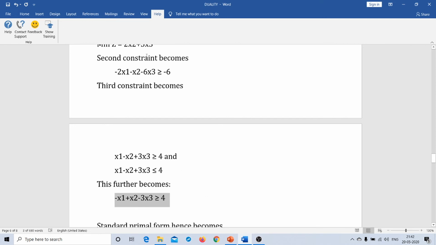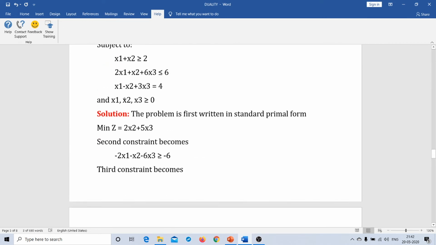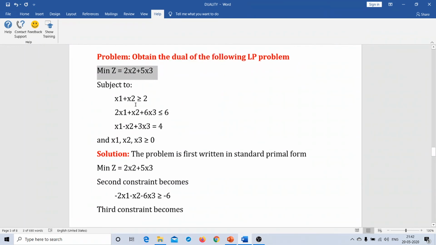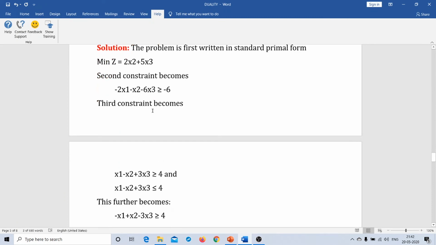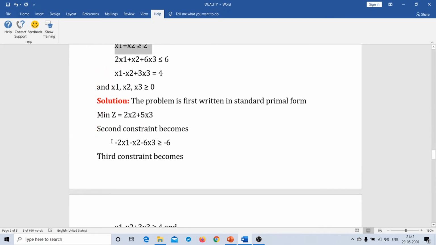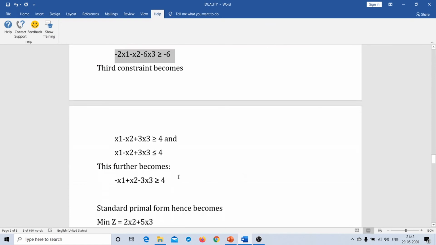Okay, so keeping all these things in mind, this is my objective function. This is my first constraint, this is my second constraint, this is my third constraint and this is my fourth constraint, right?